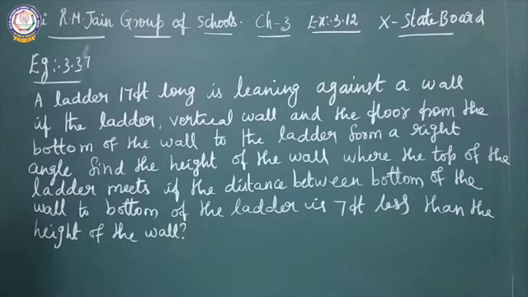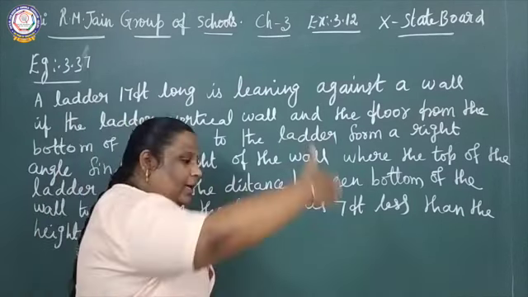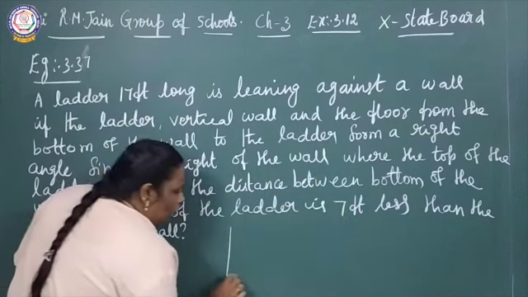Example 3.37. A ladder 17 feet long is leaning against a wall. A ladder is leaning against a wall like that. Here, this is the wall.